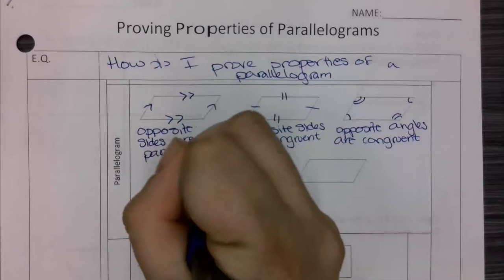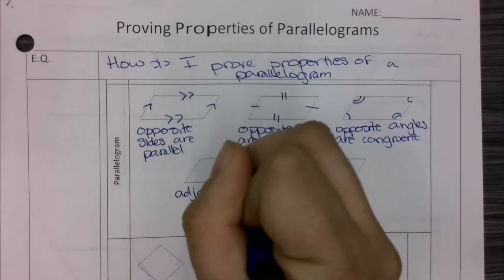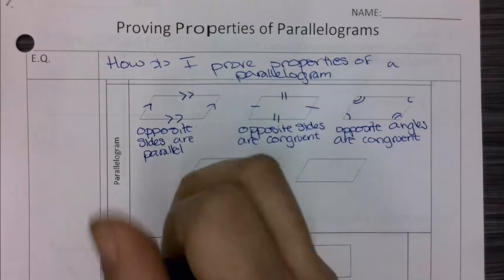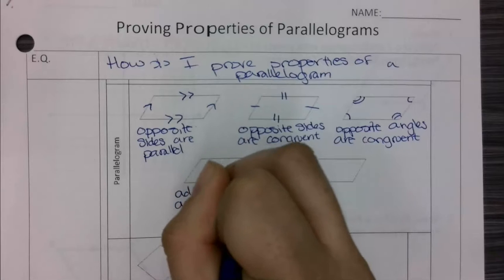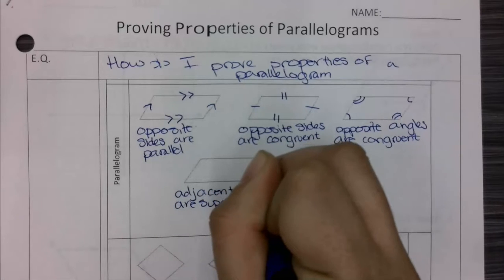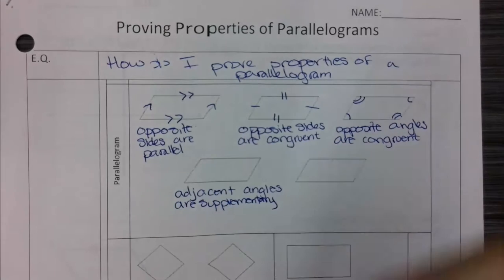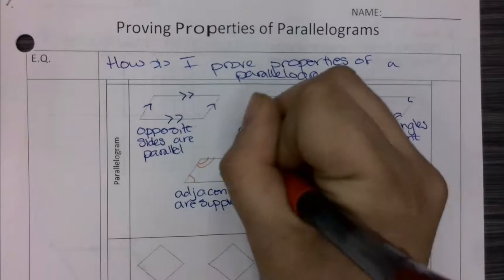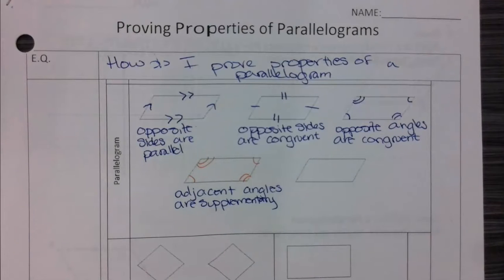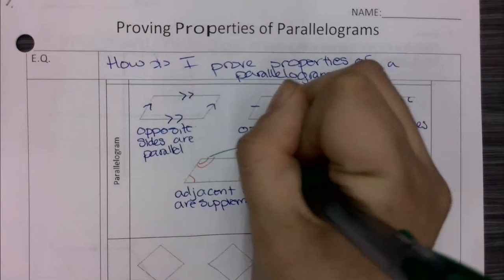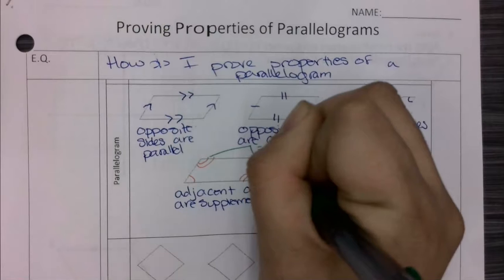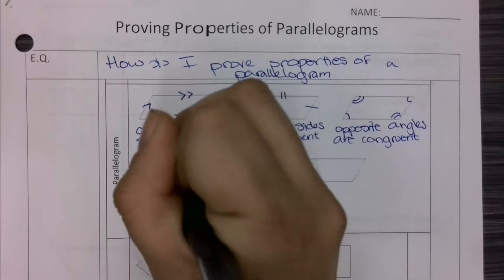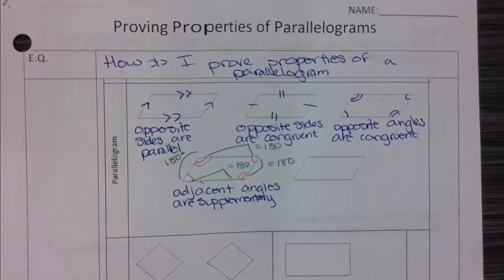Okay, I have adjacent angles are supplementary. So that means that the two that touch all equal 180.